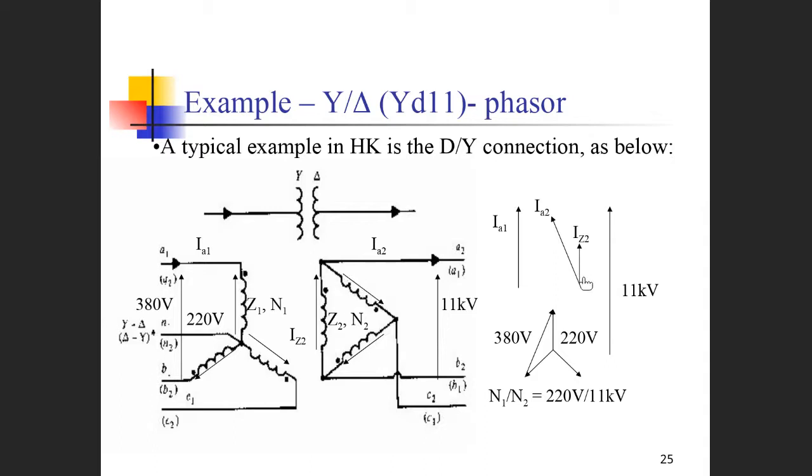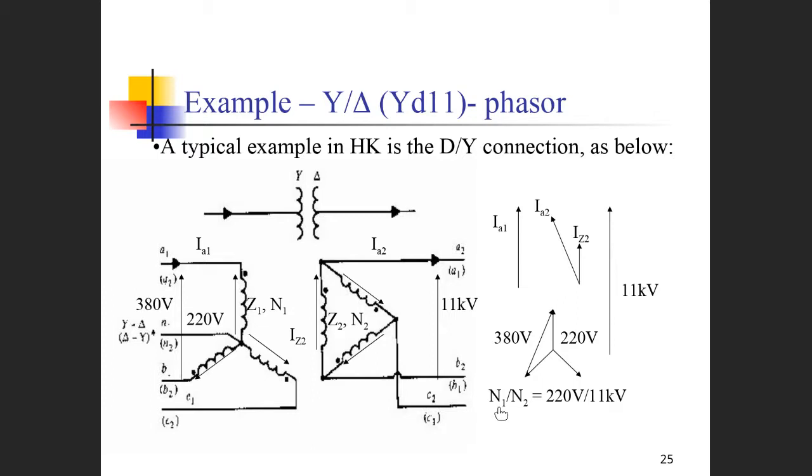That's the difference. Generally, the low voltage side currents are larger than the high voltage side currents. So here is the relative vector phase angle difference between each other.